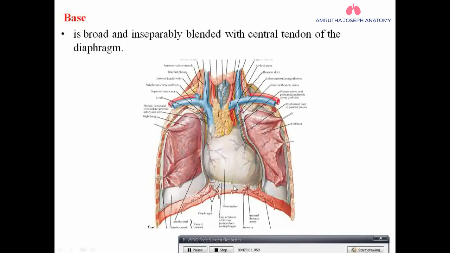This part of the diaphragm is called the central tendon of the diaphragm, where the fibers from all the areas of the diaphragm, from where it originates, get inserted onto this area, that is central tendon. So it is blended with the diaphragm.